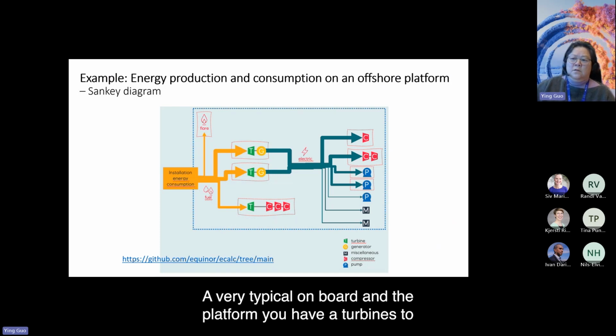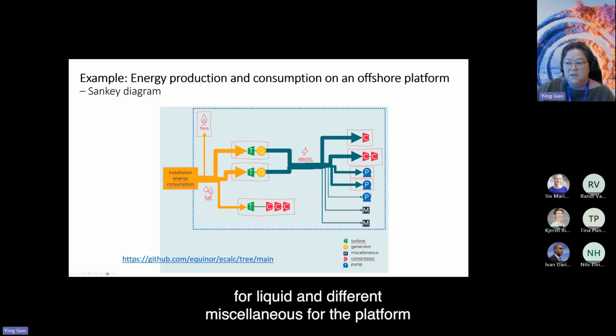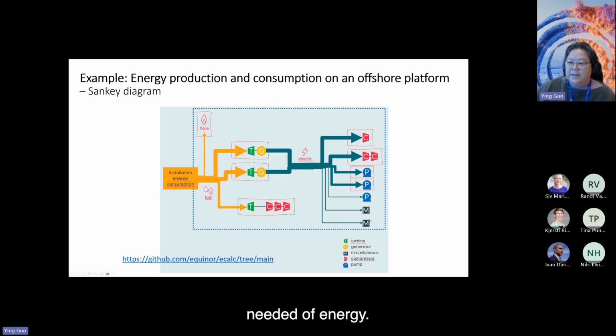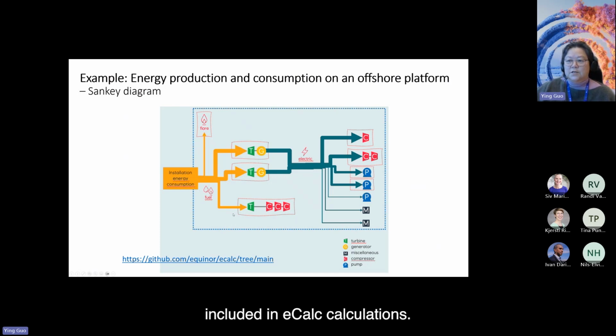A very typical setup on board a platform: you have turbines, which are green turbines, to produce energy for generators. The generators will drive compressors for gas and pumps for liquid, and different miscellaneous loads for the platform operations, all the way from warming, cooking, to whatever energy is needed. And of course there is fuel and flare of gas, and all that is included in eCalc calculations.